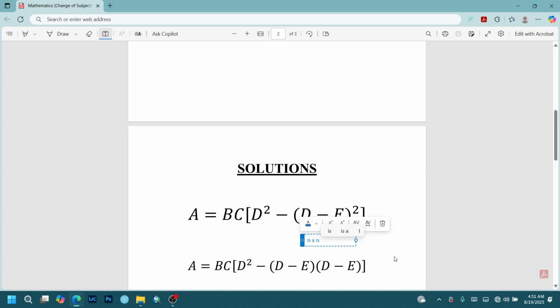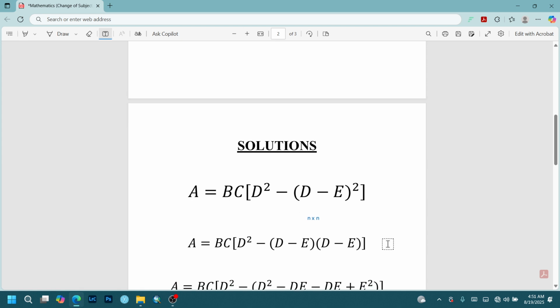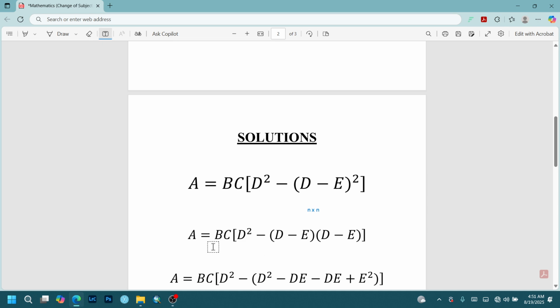So D minus E square means D minus E multiplied by D minus E. So A equals BC multiplied, all in brackets, D square minus.